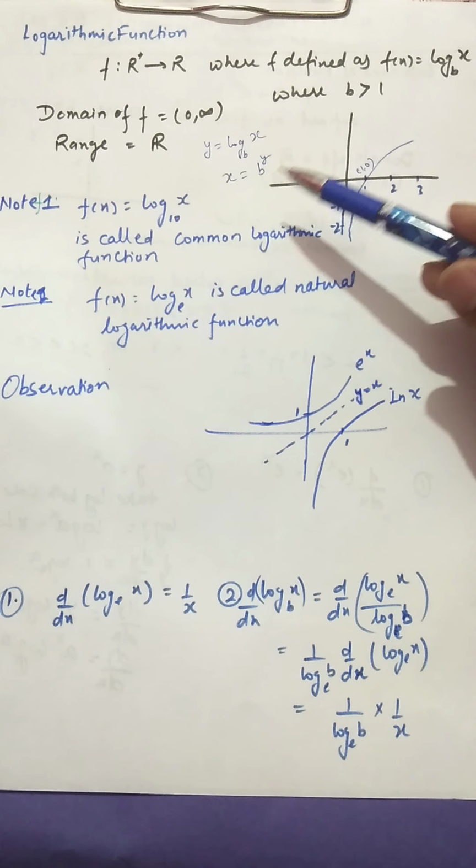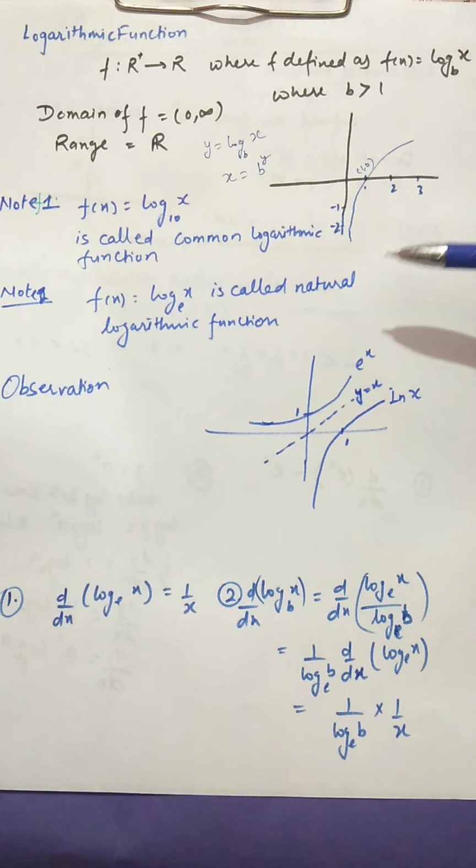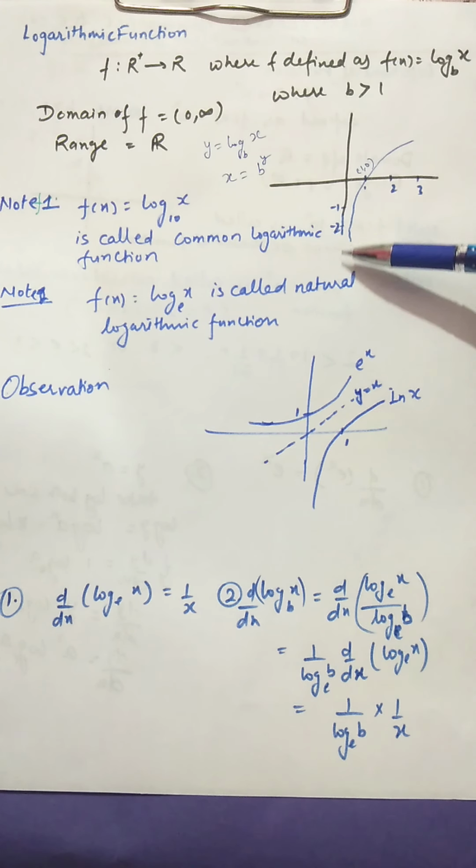You can take 2-3 positive values of x, and some positive values of y, and see how this graph will look. So this graph will come like this, passing through (1, 0). This is the point which will always be on the logarithmic function, and it is going down, but it is not going to touch the y axis.